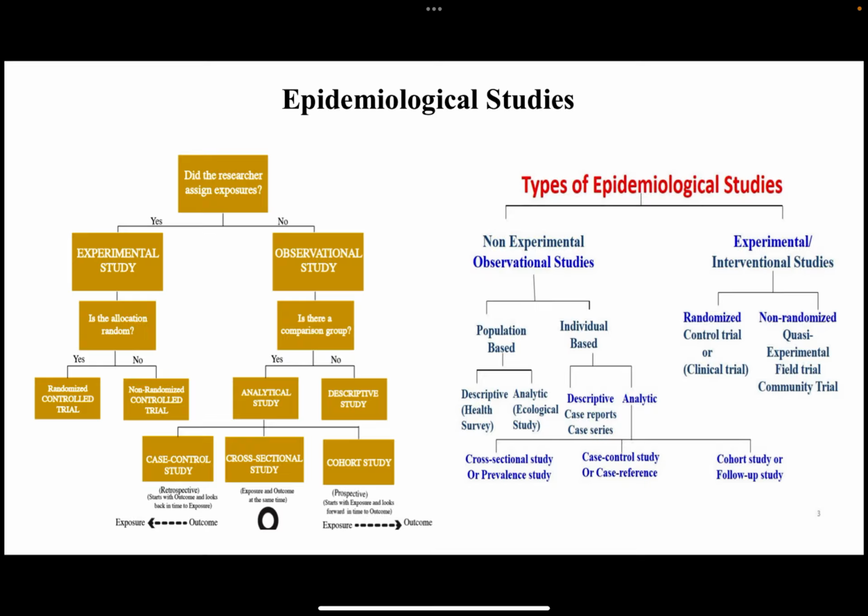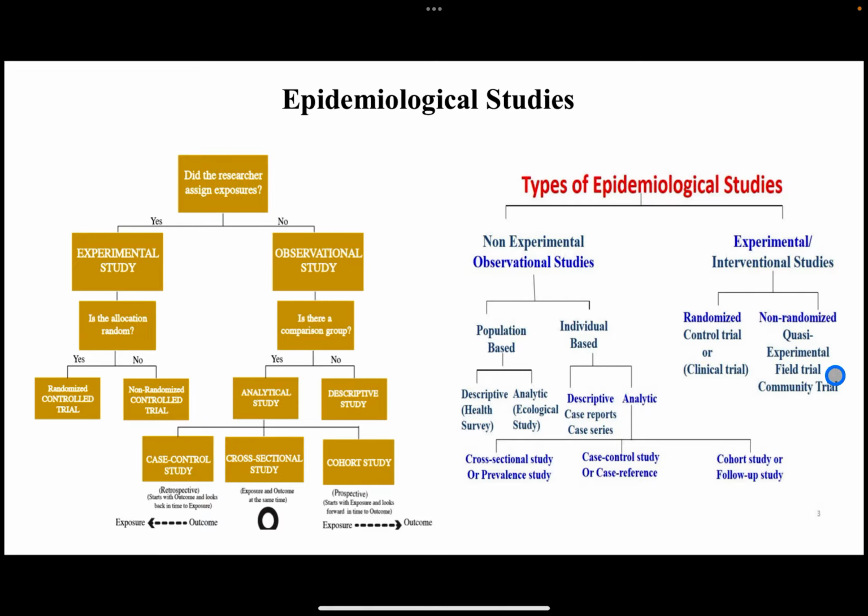We didn't allow the members equal chance of being part of the control or experimental group. There are times in an experimental study that randomization is not feasible. For example, you want to test an intervention in a larger population. Randomization may not be feasible, and that is why we also call it the field trial or community trial.